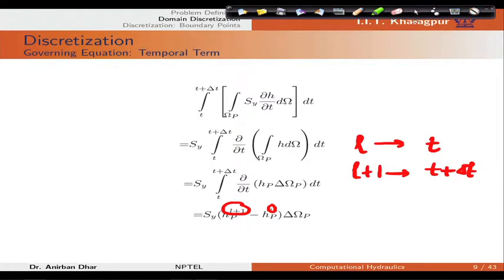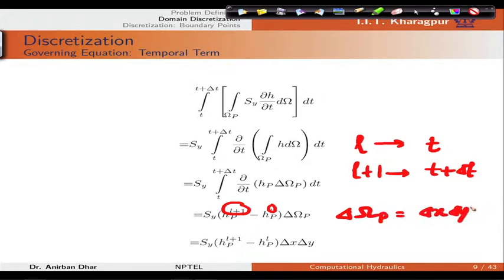Now, if we use this, finally we will get that our omega p is nothing but delta x delta y, and the net value in the other direction.